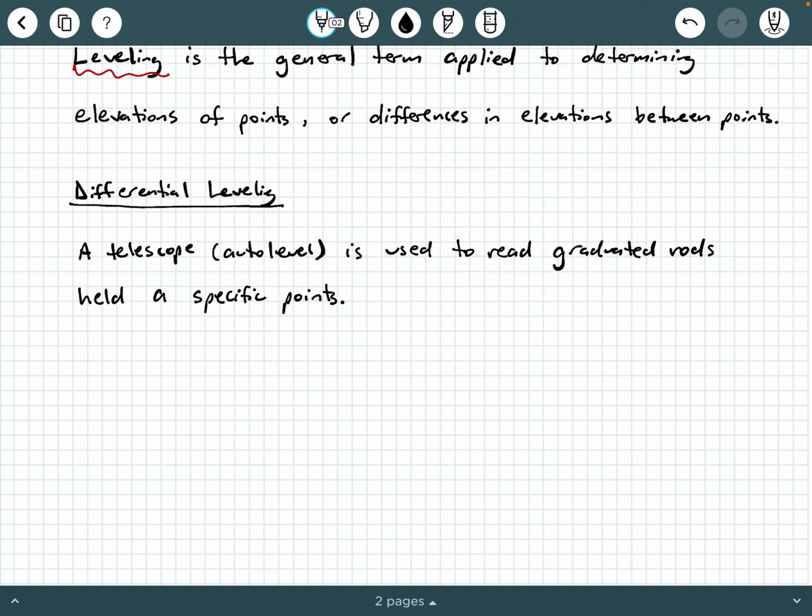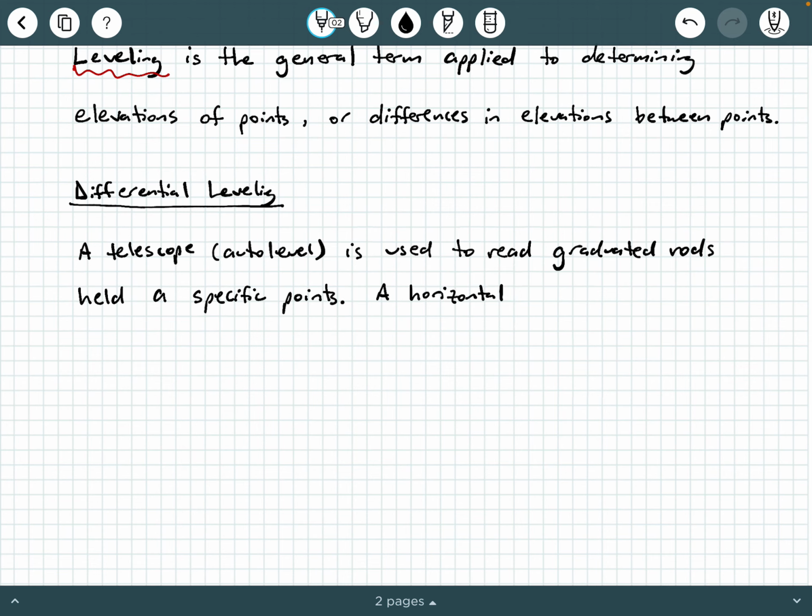These points are usually on the ground surface. So picture someone holding a big, long rod that has graduated lines on it, like a giant ruler.